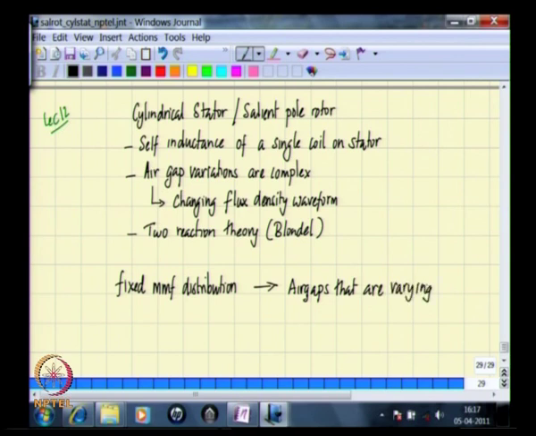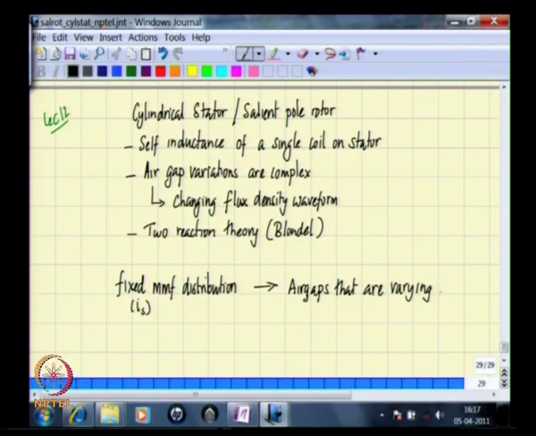We say fixed MMF distribution because we are looking at an instantaneous value of IS that is flowing. For a given value of IS, we are now looking at what would happen if the rotor is going to rotate and how the flux density variation is going to be there.